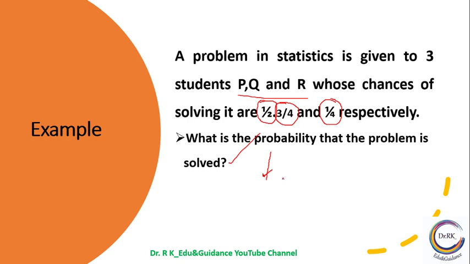One way of understanding it is finding the probability of P union Q union R. This is what we have to find.